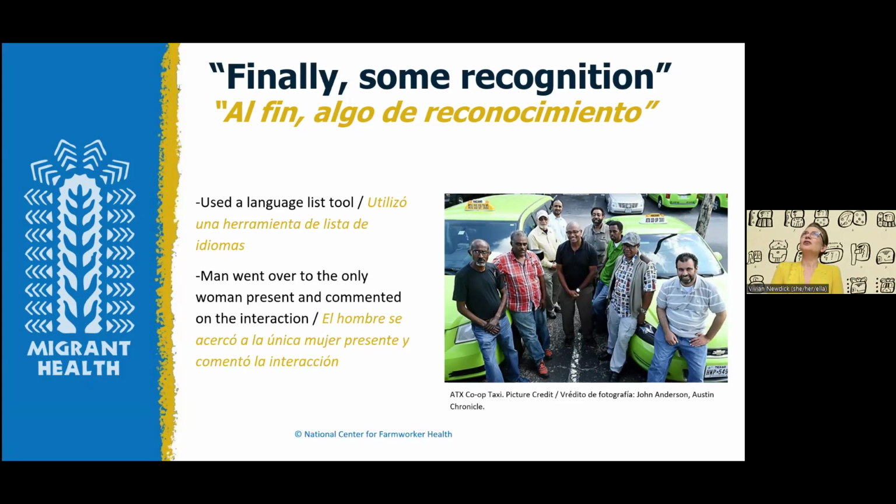And here we're going to talk a lot about building relationships and building partnerships with patients. And certainly getting that language right is a great and important piece of that.